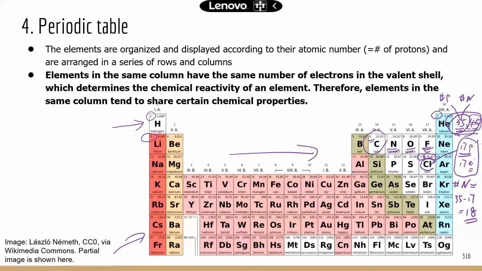Now the periodic table is arranged in a way that makes it easier to figure out the chemical reactivity of an element. So you can see these elements are arranged in rows, right? That's one row, or they're arranged in columns. Now, all the elements in the same row have the same number of electron shells.